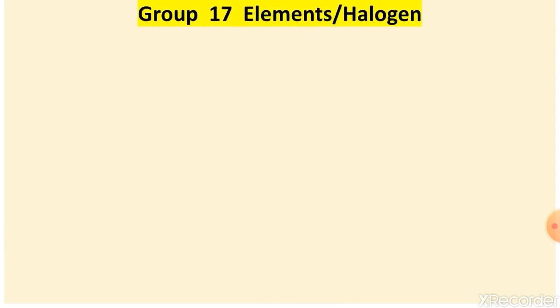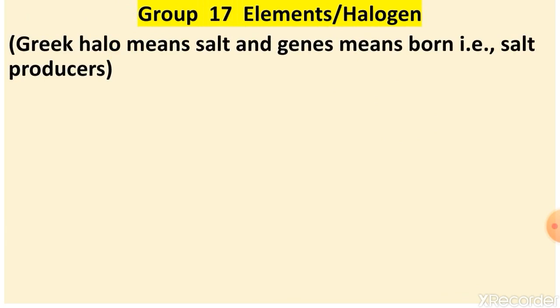So now, dear students, first of all, we have to introduce group 17 elements, also known as halogens. Here the Greek halo means salt and gens means born, that is maker. So that's why they are salt producers and hence named halogens.